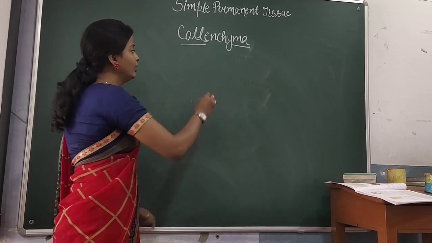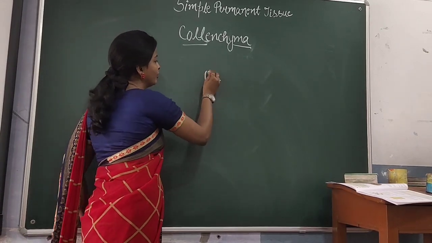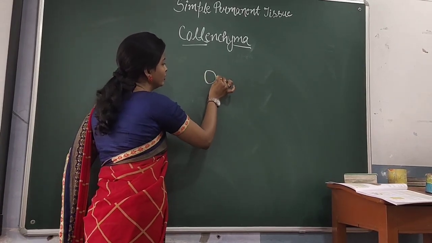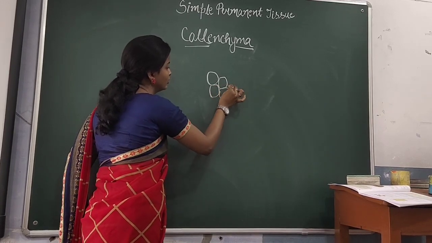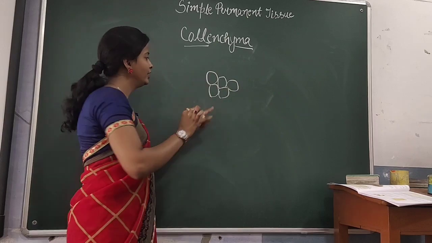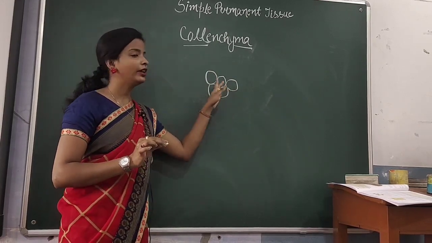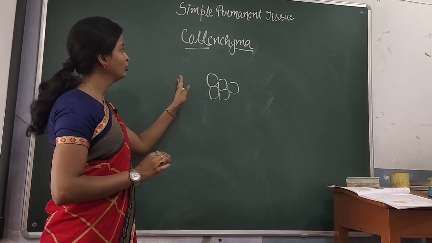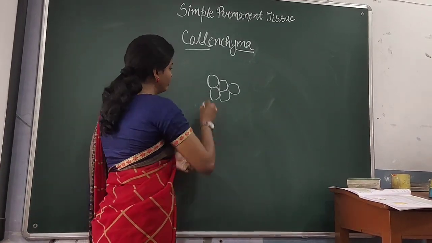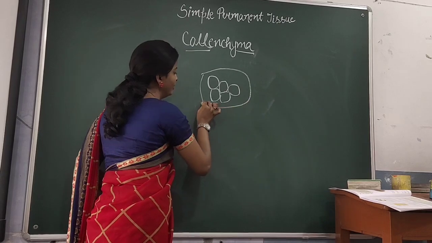In collenchyma, suppose these are the cells. So, you can see that the intercellular spaces are either absent or very less in case of collenchyma. So, this is the structure of collenchyma.